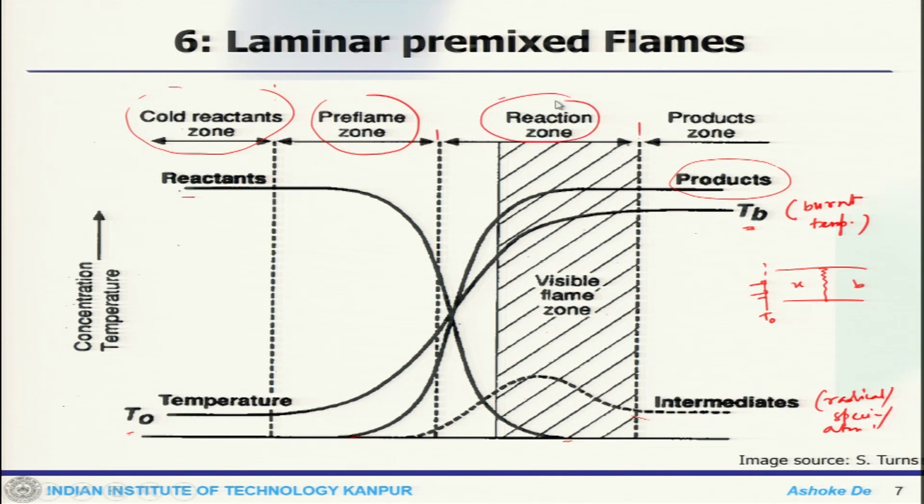In the reaction zone you can see abrupt changes: the reactant species get consumed completely, product species are formed, intermediate species are also formed, and the temperature goes up. Finally, this side is the product zone, because you have only the temperature of the burnt product.